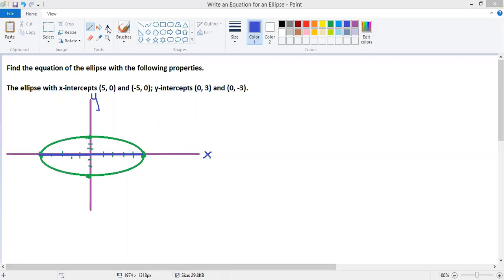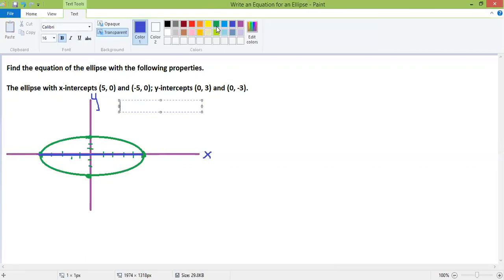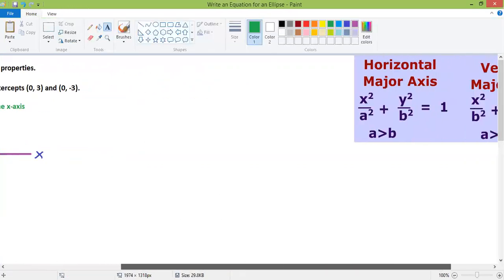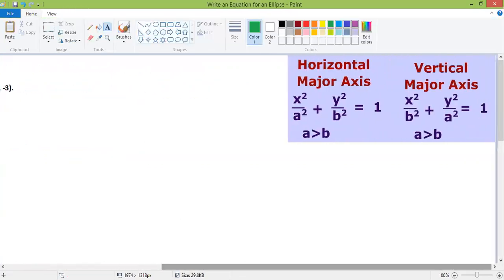So now that I know my major axis, it's the x-axis, right? I'll go ahead and write here: major axis is the x-axis. So since the major axis is the x-axis, I can go over here and look at my equation, and I can see it is the horizontal major axis, right? Your x is horizontal.